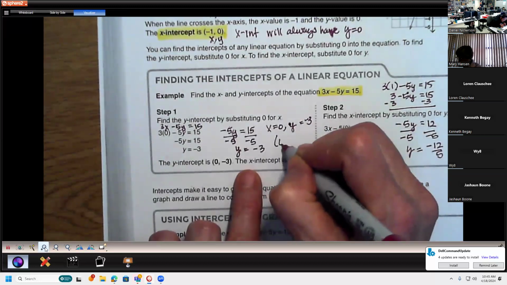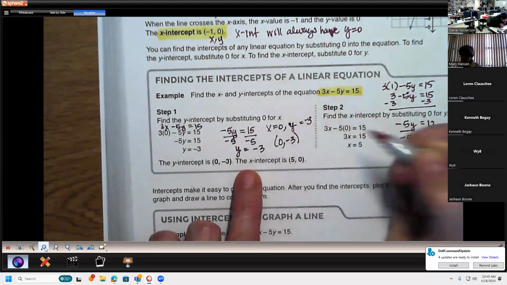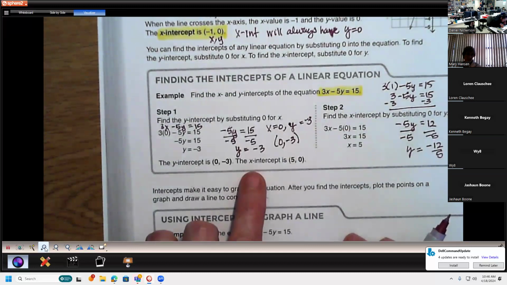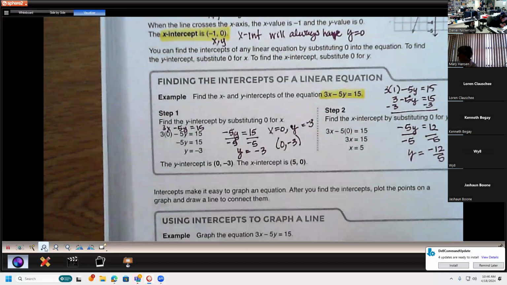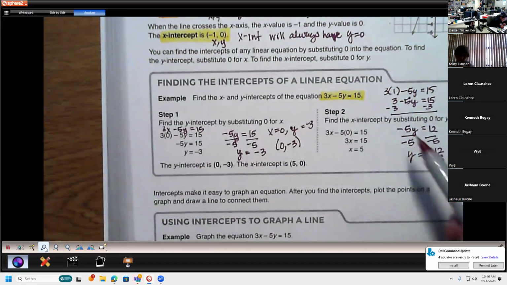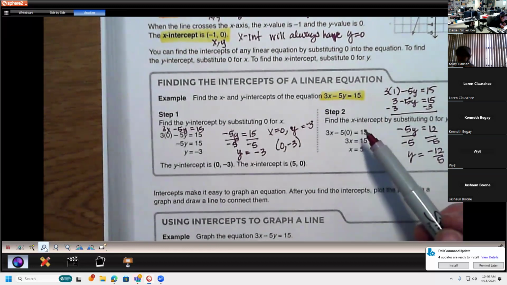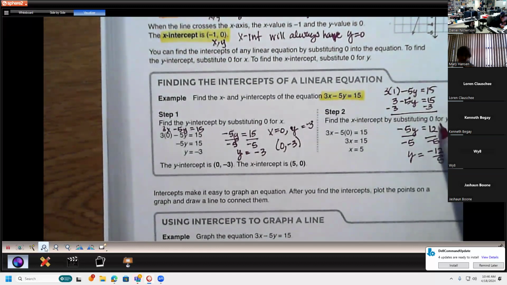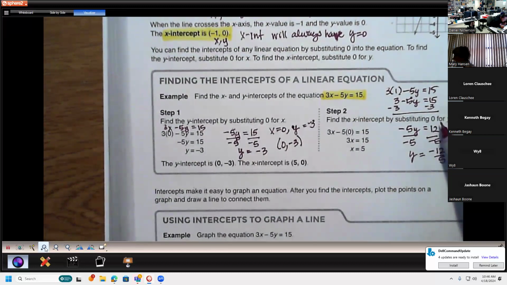So that gives me the point 0, negative 3. So I have 1 point for my line. Okay. So we can do the same thing and put 0 in for y and see what we get for x.